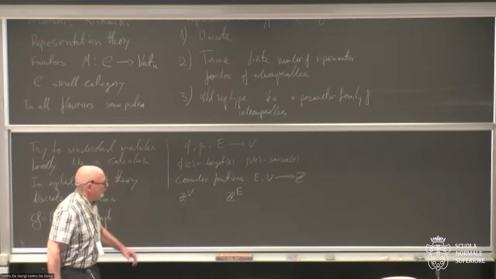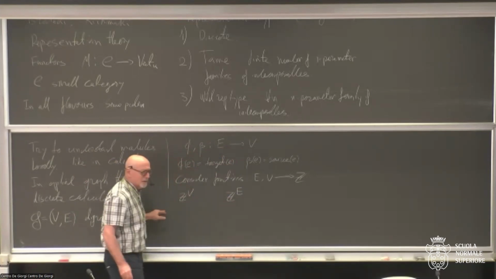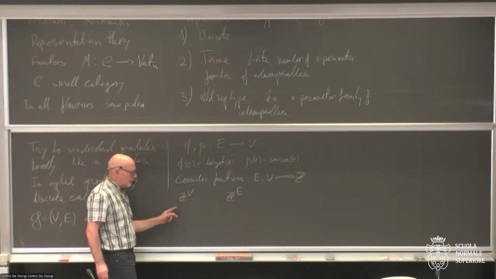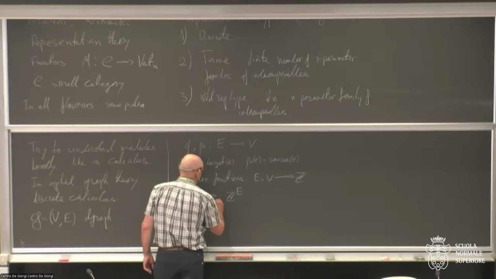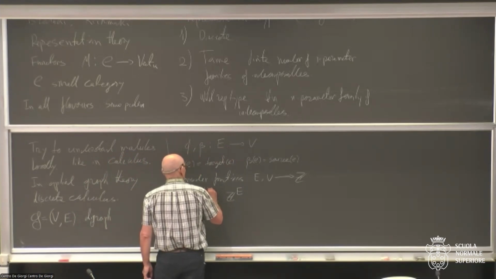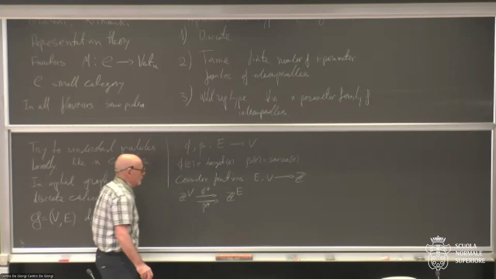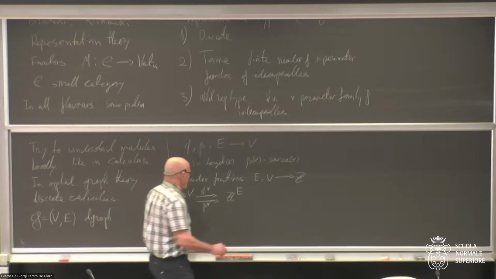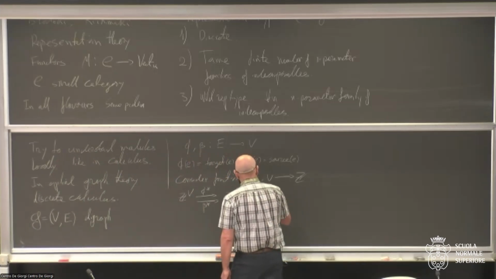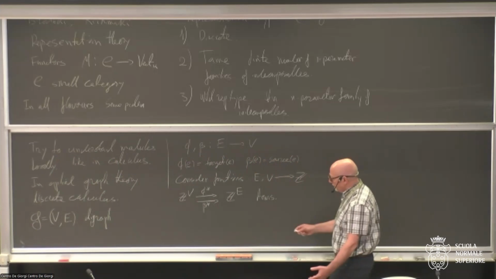Now, if I have these functions phi and beta from E to V, I get functions the other way. These are abelian groups, free abelian groups generated by V and by E. So I have two homomorphisms, from Z to the V to Z to the E, induced by composition. So these are homomorphisms. What do they do?